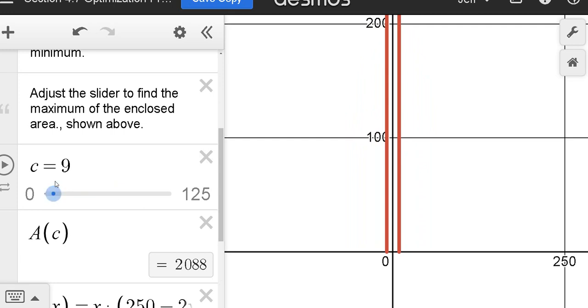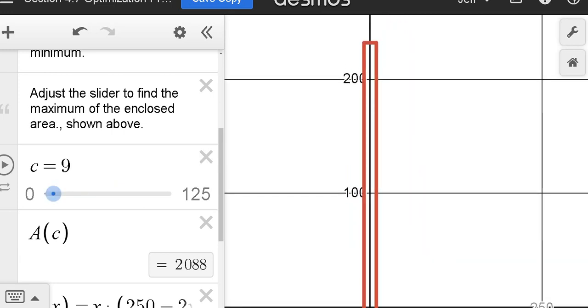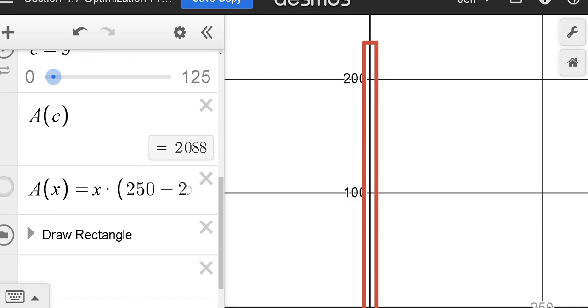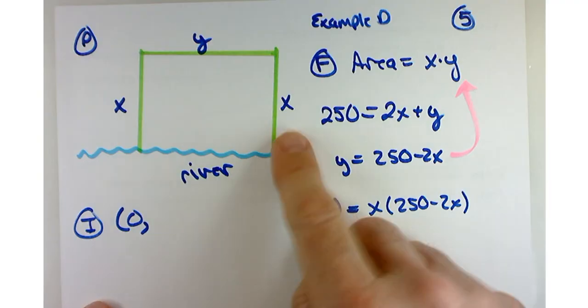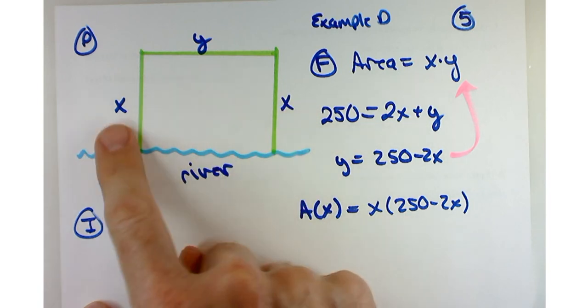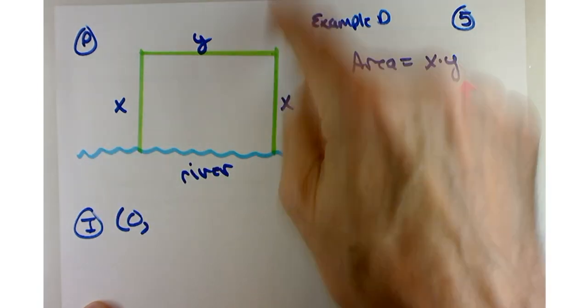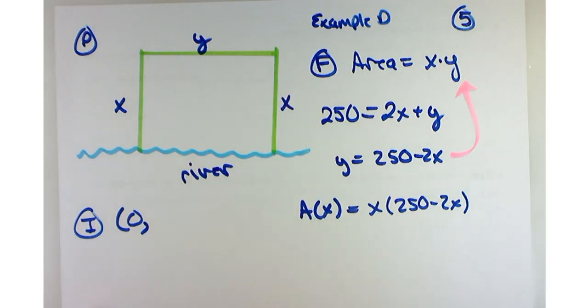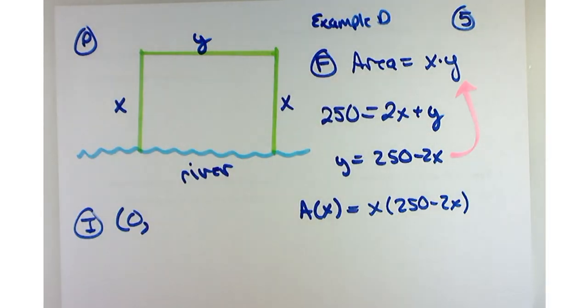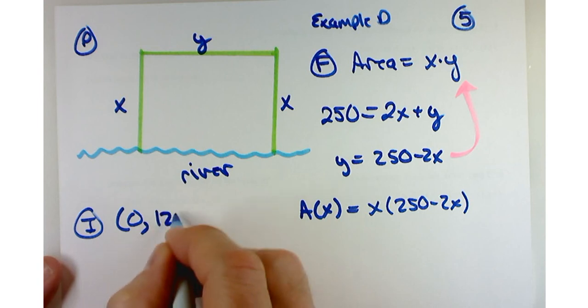If y is getting closer and closer to 0, then the length of these sides has to be getting closer and closer to their maximum. So the largest each of these sides could be would be 125. Because if you had 125 here and 125 here, you're using all of your fence for the depth and none for the width.